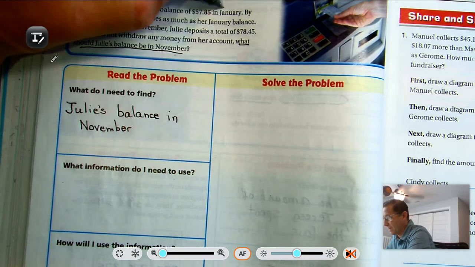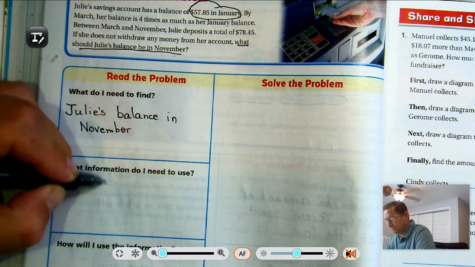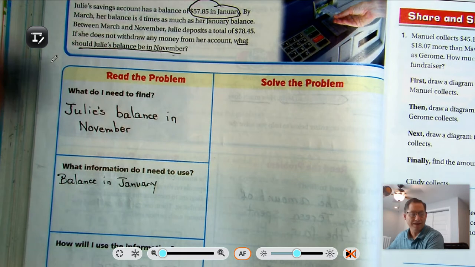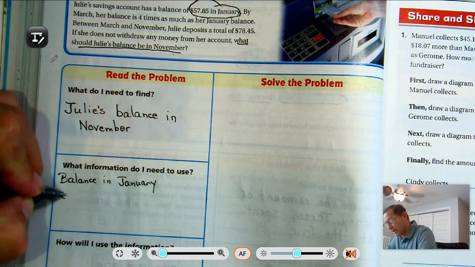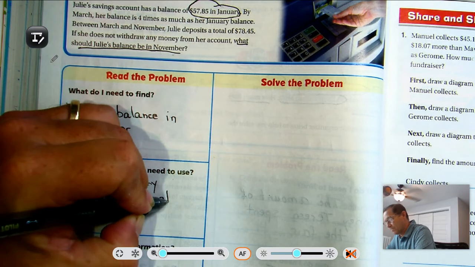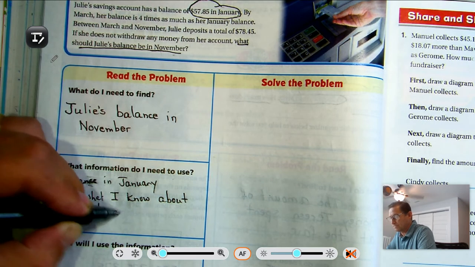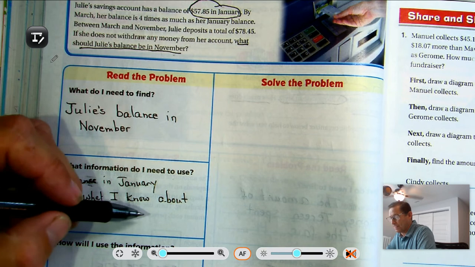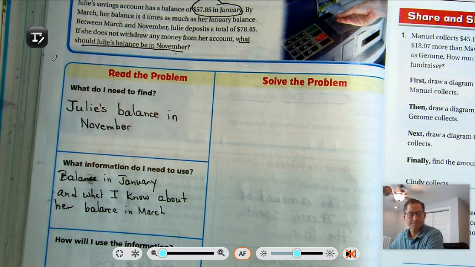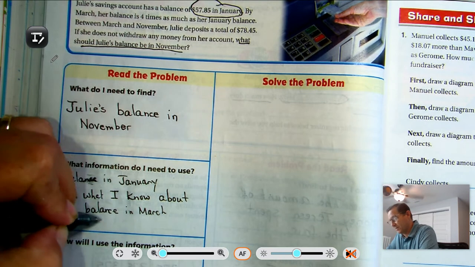Well, we need to know her balance in January, her balance in March, and what I know about her balance in March to find the balance in November.